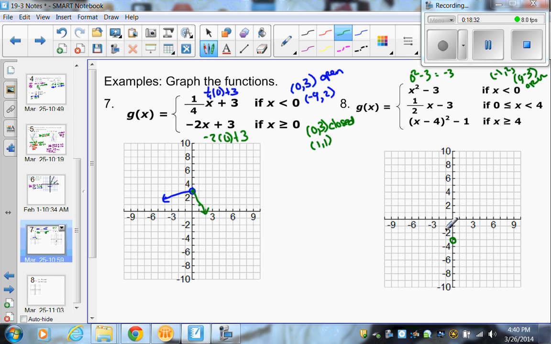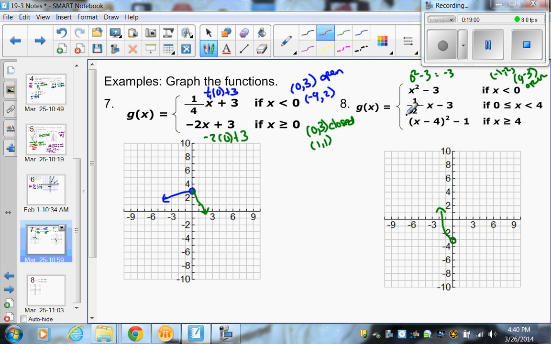It has to go through -1. Should be (-1, -2). Sorry about that. So it's going to have to go through this. And you should recognize that this is a parabola because it's an x squared. So we're going to do our best to make this look like a parabola and not just a straight line.